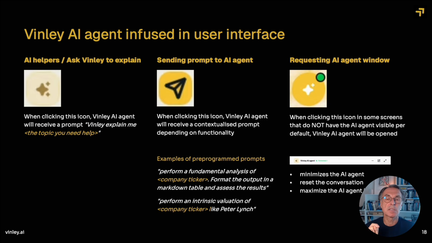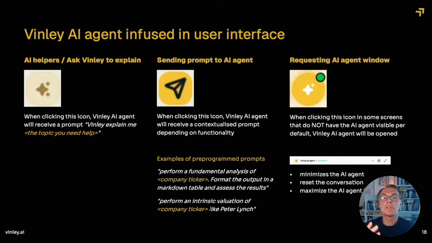When you click on one, it will send a prompt to Vinley, for example, explain relative valuation. You will also have what I was already showing you here on fundamental analysis. You can send a prompt when you click on an arrow in the interface, so you don't have to write the prompt. The Vinley app will write the prompt and send it to the AI agent. You just have to wait for the results and read them in the AI companion.